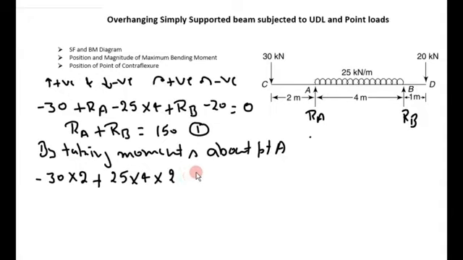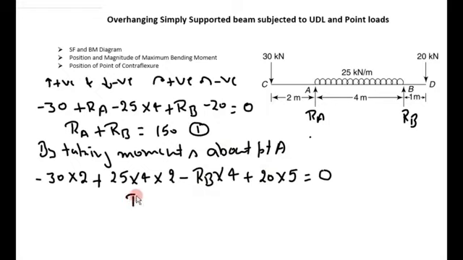It tends to rotate the beam in the clockwise direction. Then the next one is RB. RB is at a distance of 4 meter from point A and tends to rotate the beam in the anti-clockwise direction. The last one is the 20 kilonewton force at a distance of 5 meter from point A, and it tends to rotate the beam in the clockwise direction. The sum of all these moments about point A should be 0.